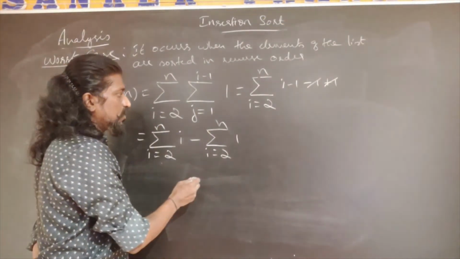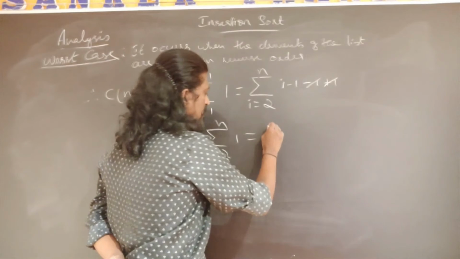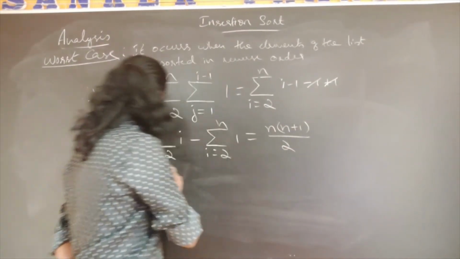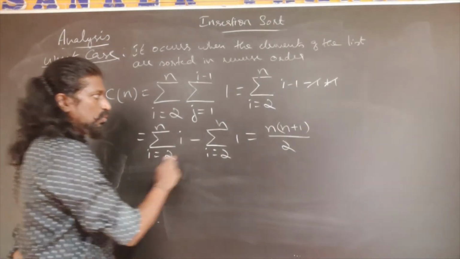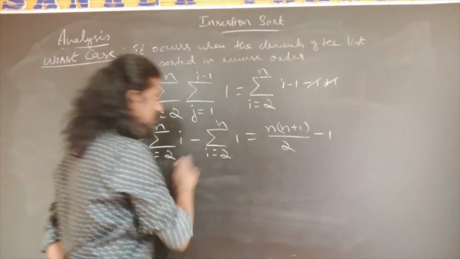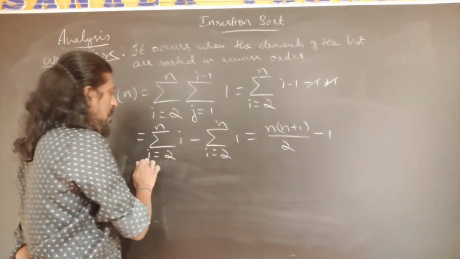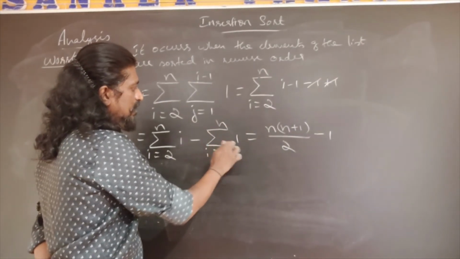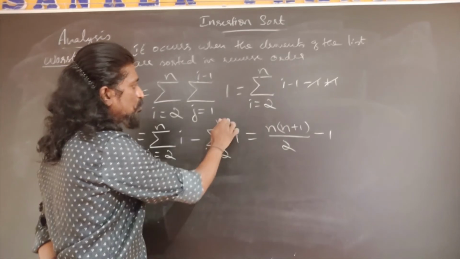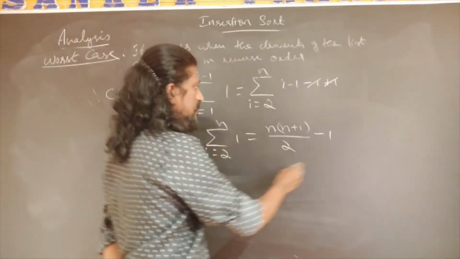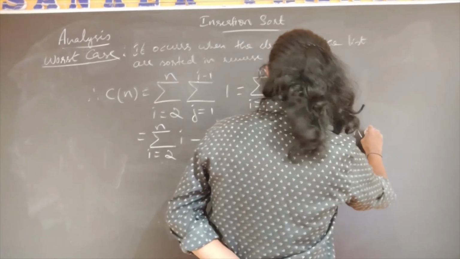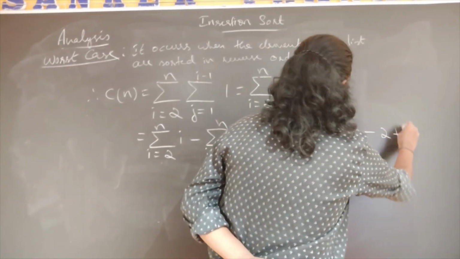For this we know the formula is n into n plus 1 by 2, and since the series starts from 2, we can subtract 1 from this because this is for summation i is equal to 1 to n. And here we are adding 1 how many times? From 2 to n. So therefore this will be nothing but minus upper bound n minus lower bound 2 plus 1.